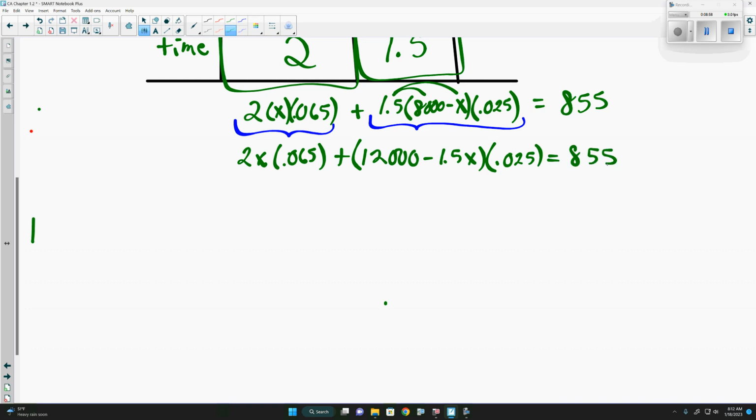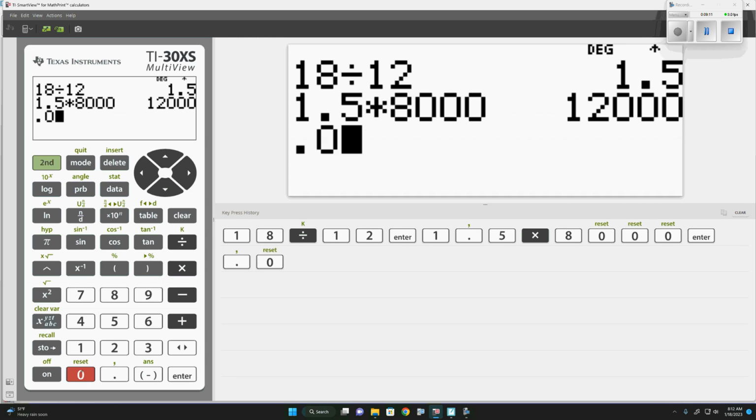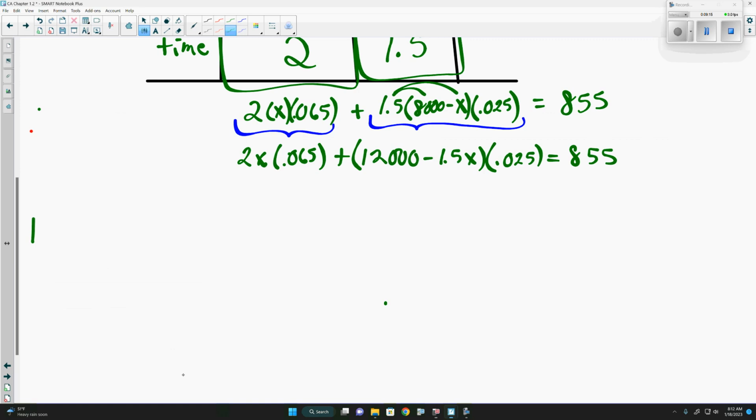Now in the first one we still have the 0.065, and in the second one we still have the 0.025. Here we're going to multiply 0.065 by 2, which is 0.13.